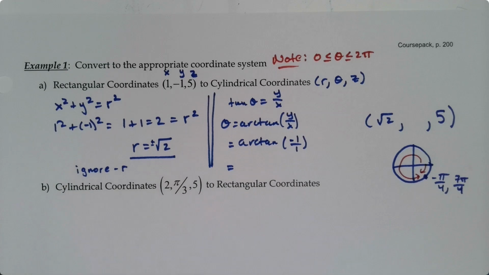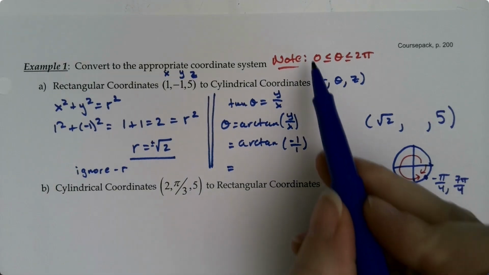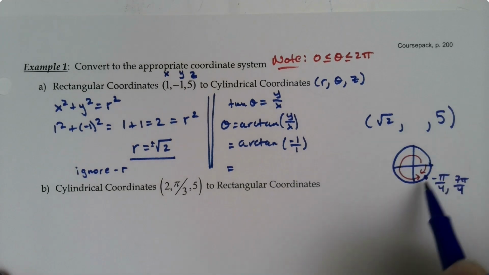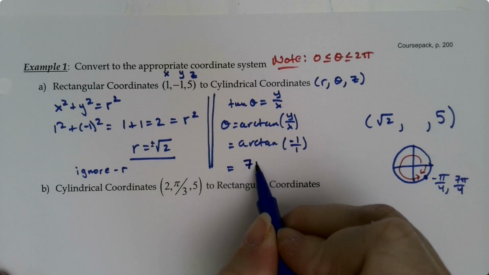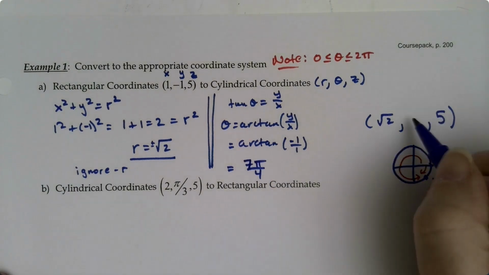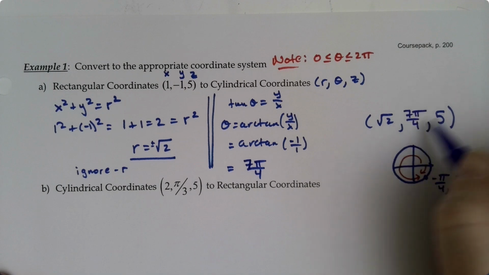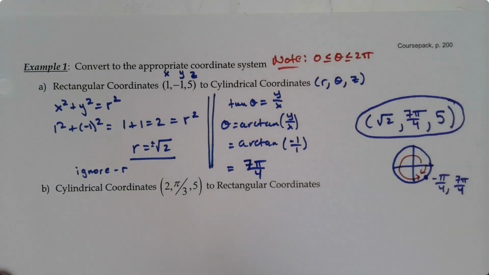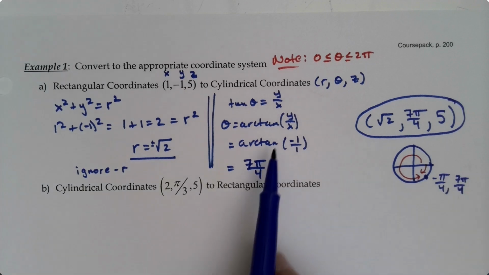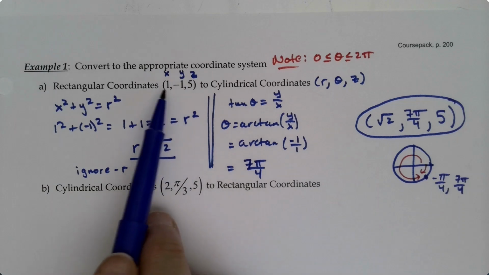So it gets a little crazy. So usually we have some kind of note somewhere about we're only going to look in the first cycle. So that would make our angle 7 pi over 4. Boom. And that's because, of course, 7 pi over 4 has sine and cosine the same values, but opposite signs. And we know we're in that quadrant because of the 1 and the negative 1.